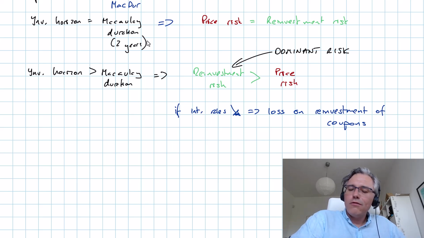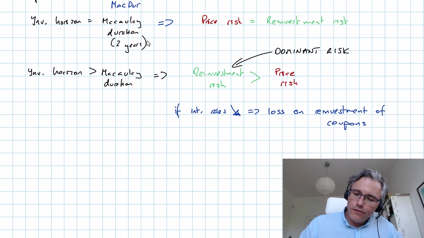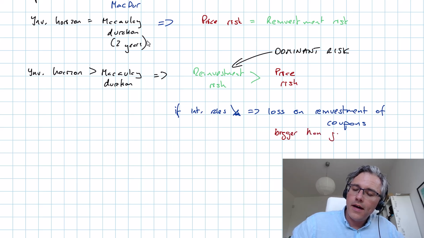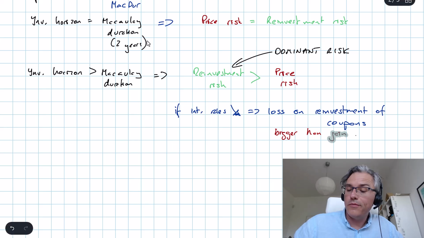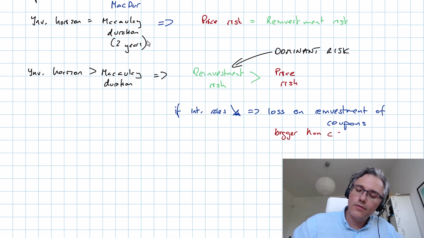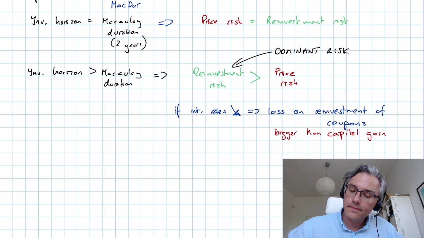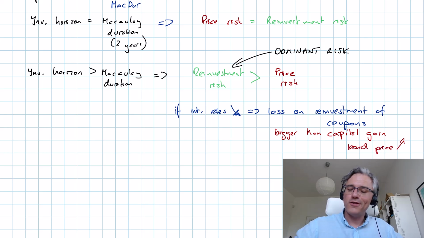And that loss on the reinvestment of the coupon will unfortunately be bigger than the gain or the capital gain on the bond price. So let me change this to capital gain from the bond price going up, because bond prices do go up when interest rates fall, don't they?